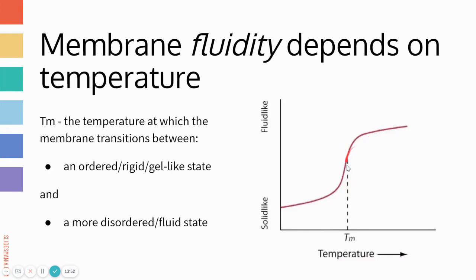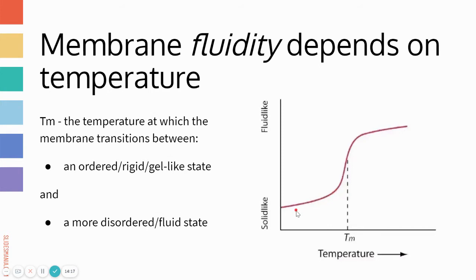So here you can see what's called the melting curve of a phospholipid bilayer. And maybe you'll notice it's got this sigmoidal, this S-shaped appearance to it. It's got this interesting inflection right here where it goes up really steeply and then it doesn't change very much, and it also doesn't change very much over here.